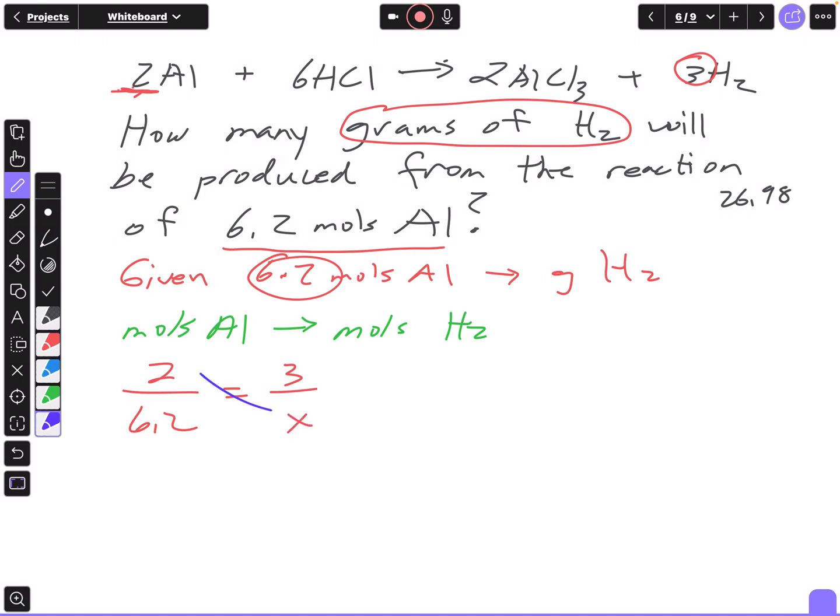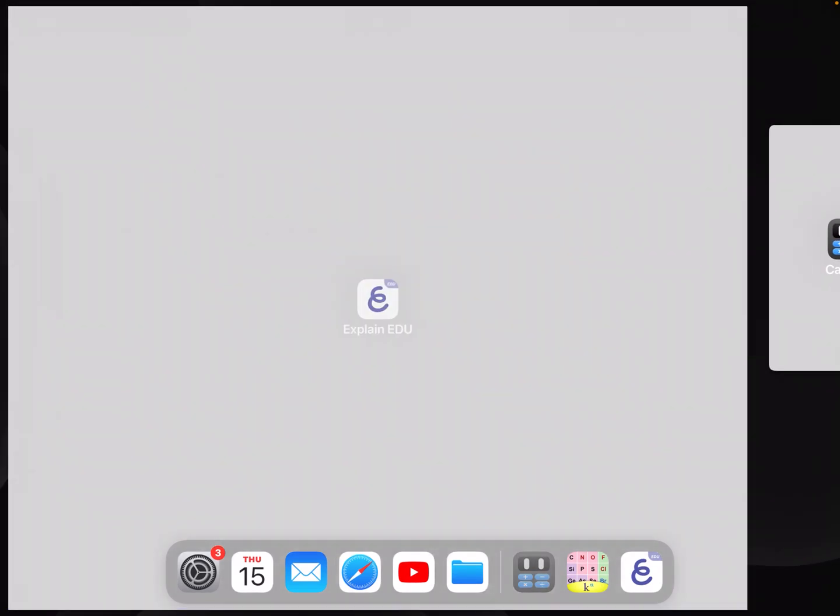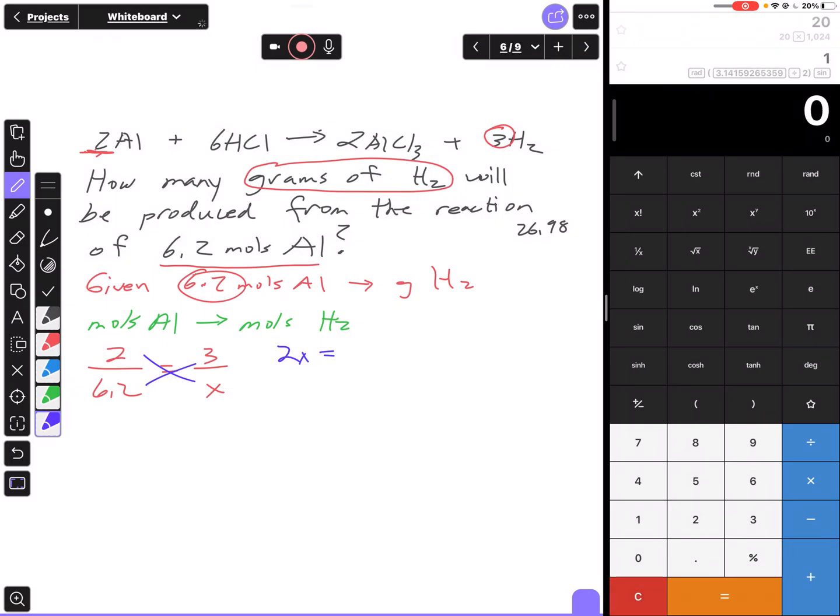I'm going to cross multiply, and I get 2X equals 6.2 times 3, which equals 18.6. Divide both sides by 2, and your X is going to be 9.3. And what I went from moles of Al, now I'm in moles of H2, which is my new substance.